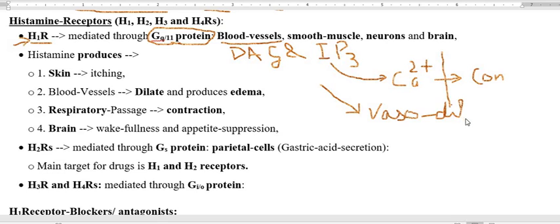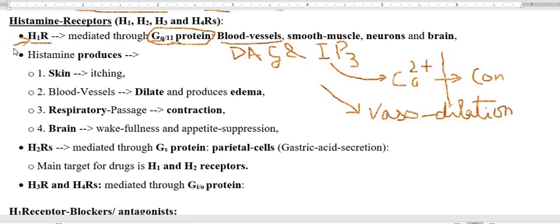This is very, very interesting and important. The explanation and the reason behind this is that when we are talking about the vascular smooth muscle, histamine is not acting directly over the vascular smooth muscle. It acts indirectly in the majority of blood vessels.